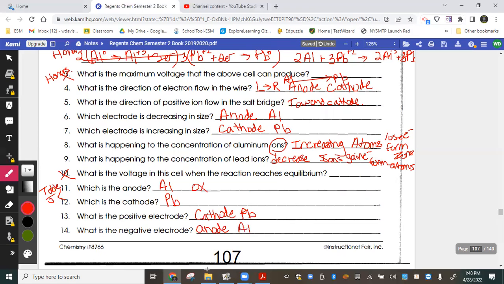Because we have an ox, red cat. Red cat is fat, an ox is anorexic or getting smaller.